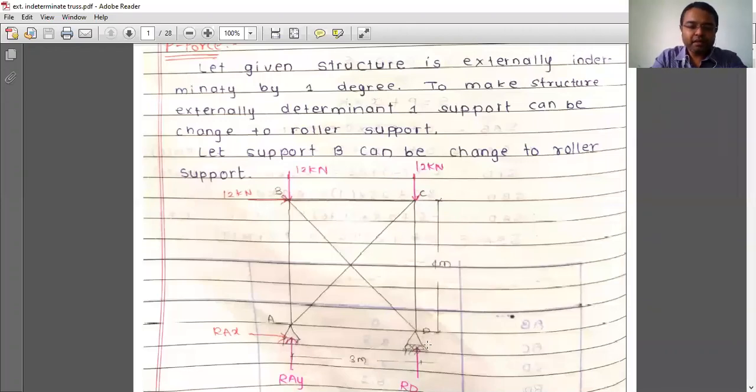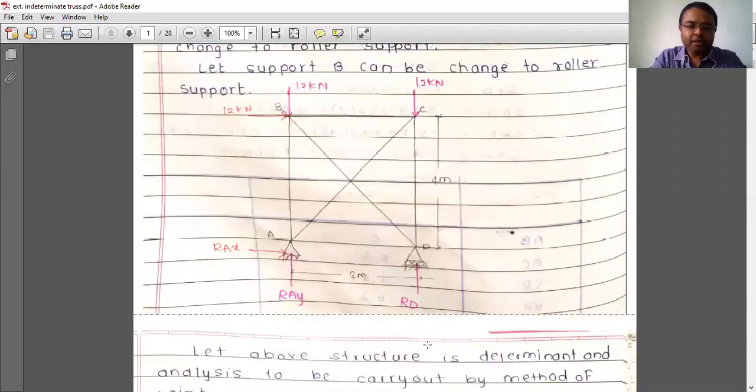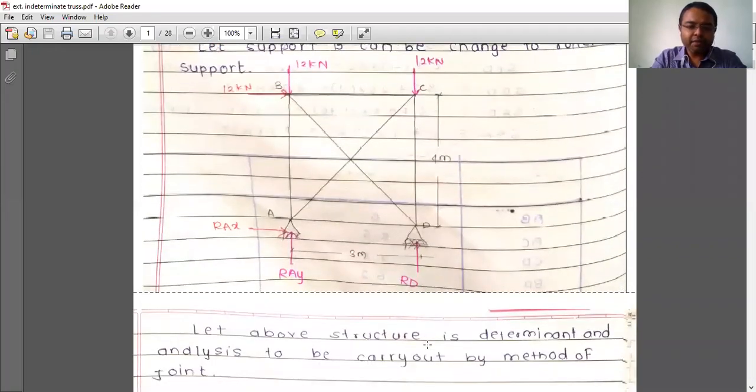So now the given structure has become a determinate truss. Now you can analyze the given truss by any method, either the joint method or the section method. First of all, find the reactions RAY and RAX.